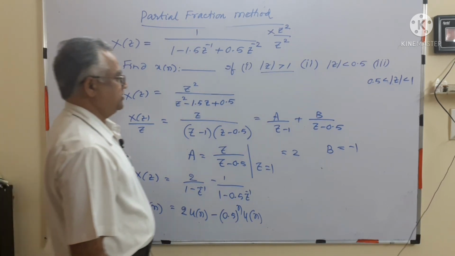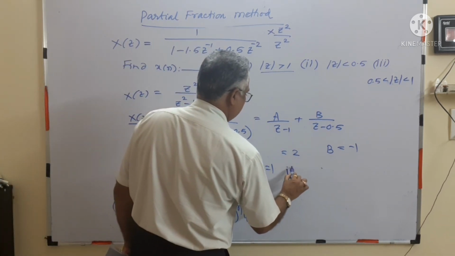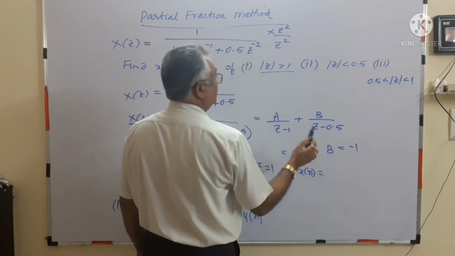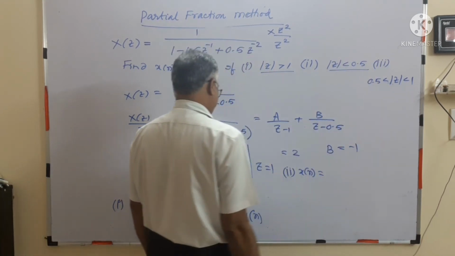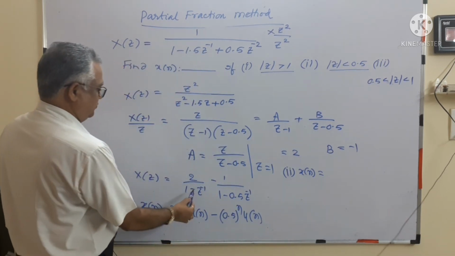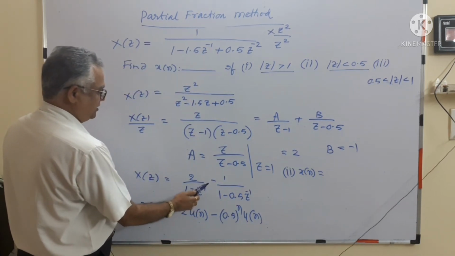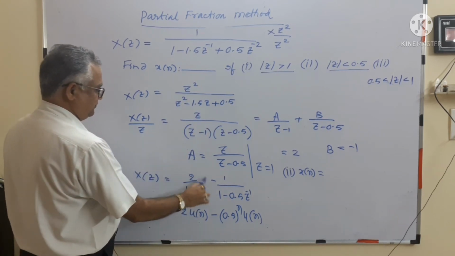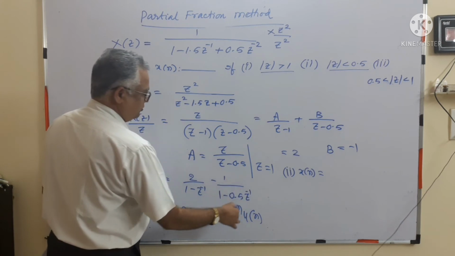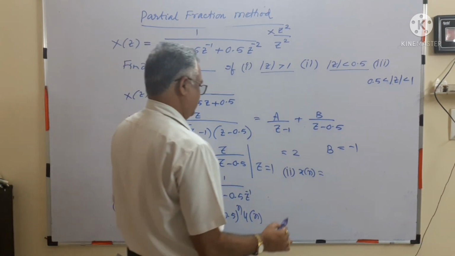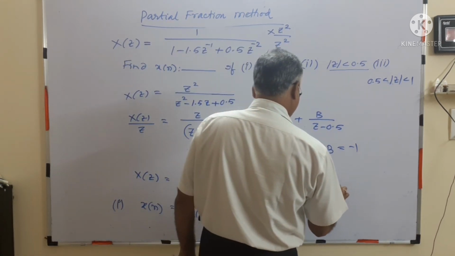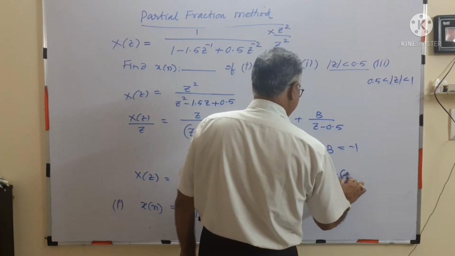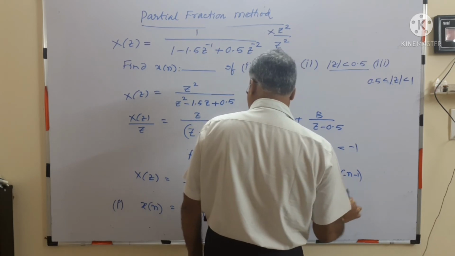What is the second case? Second case, X of n. What is given here? Less than 0.5. So less than 1, the requirement is less than 1. 0.5 itself is less than 1. So this is left side, and this is also left side. So left side means 2 minus 2 u of minus n minus 1.